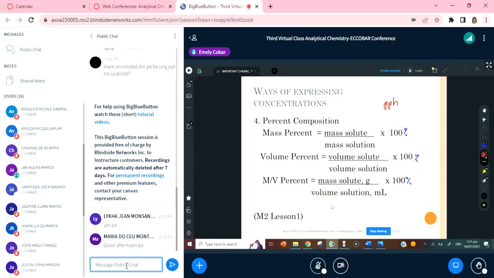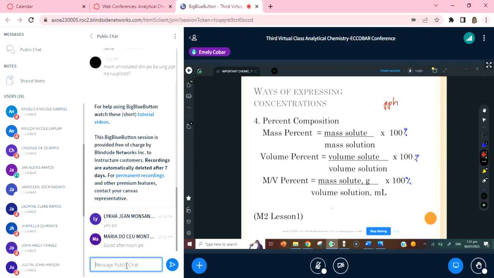So, there are many types of percent composition. Meron tayong tinatawag na mass percent. From the term mass, ibig sabihin grams, di ba?